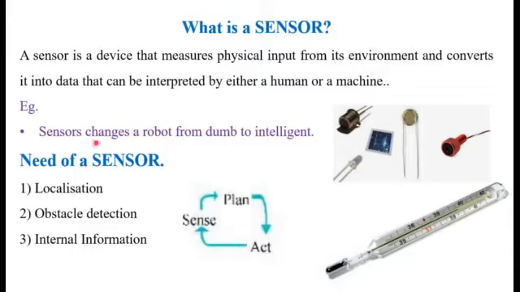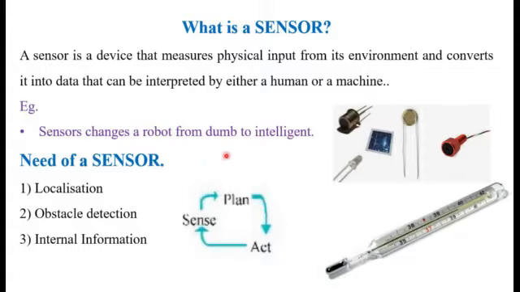Sensors change a robot from dumb into intelligent. These sensors convert a simple robot or a dumb object into an intelligent object or robot. Then what are the needs of these sensors?